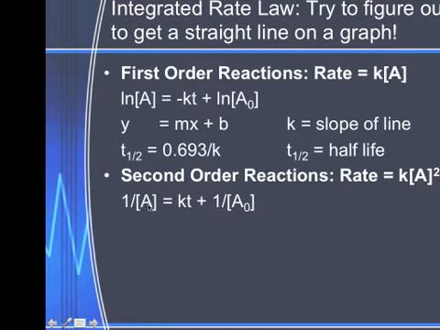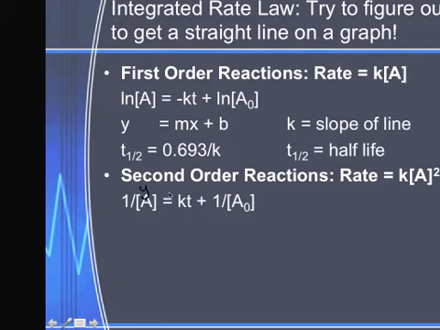When I put this into y equals mx plus b form, then my y-axis has the inverse of the concentration. My slope is positive k. This one was negative k. And then time is my x-axis.